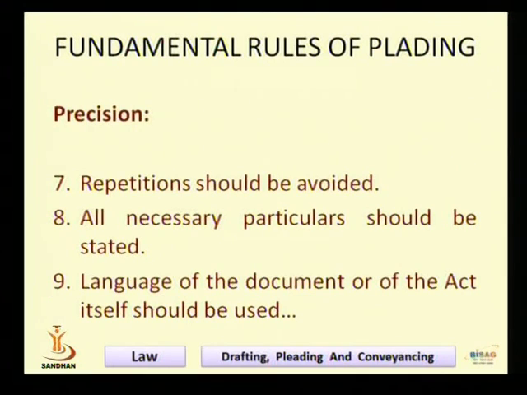Dear friend, as in the case of Hunter, if the policy holder dies of his own hand, that particular clause should be written as it is contained in the policy. If it is an arbitration matter, the arbitration clause word for word should be contained in the pleadings. These are the fourth rule of the pleadings.